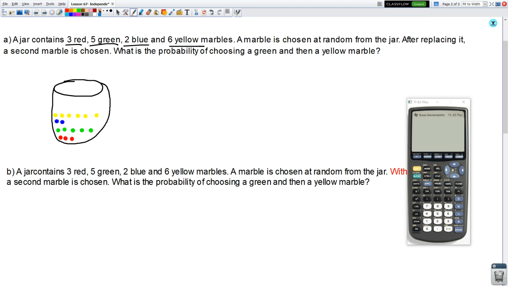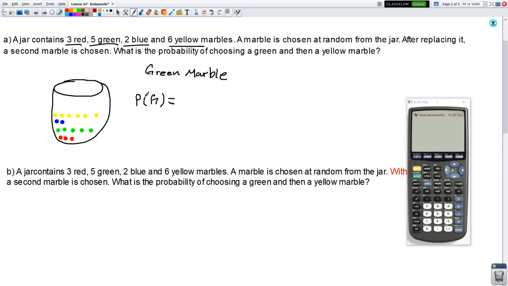So let's take a look into the scenario where we choose a green marble. If we want to find the probability for us to choose a green marble, this is just notation.